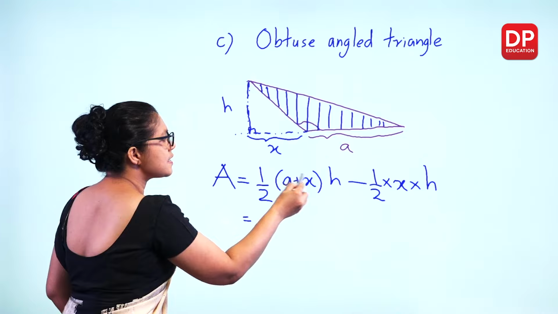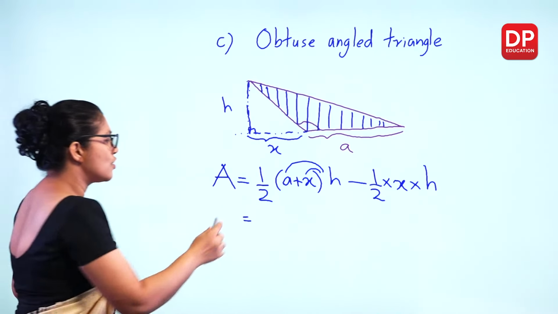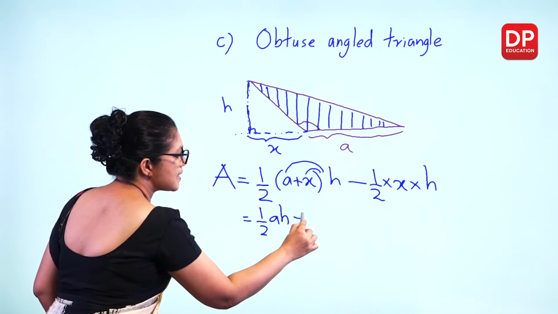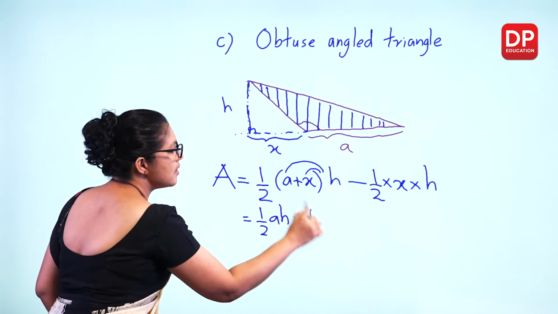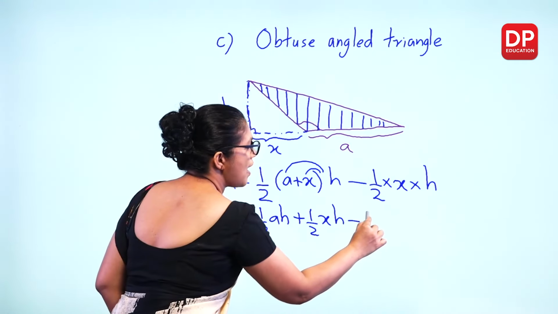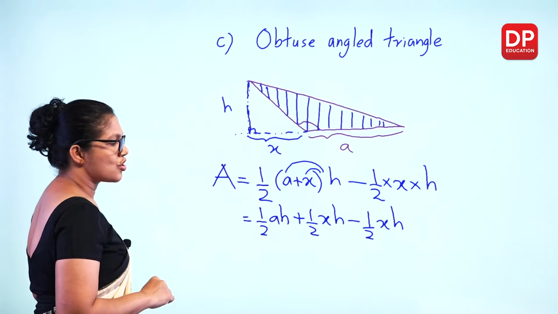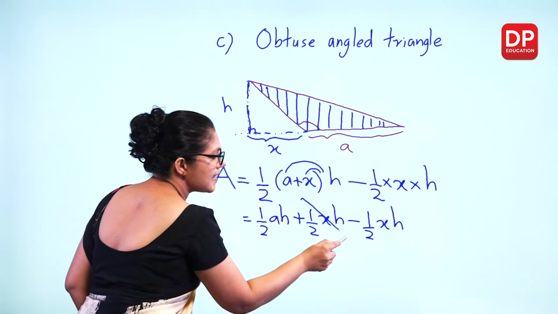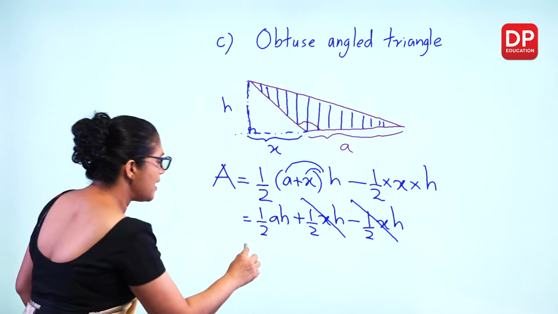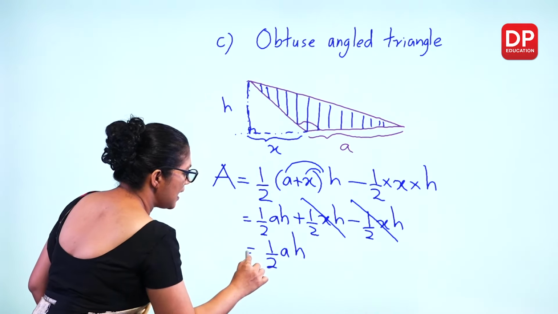When I multiply this by A, I need to multiply both these two by H. So I get half A times H plus half X times H, and subtract half times X times H. What can I see? I can see these two terms get cancelled out. So what is remaining? You get half times A times H.